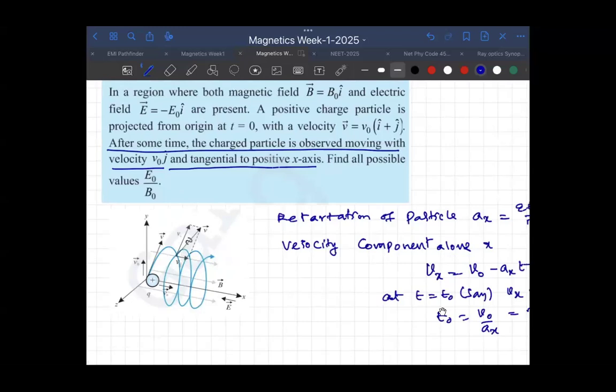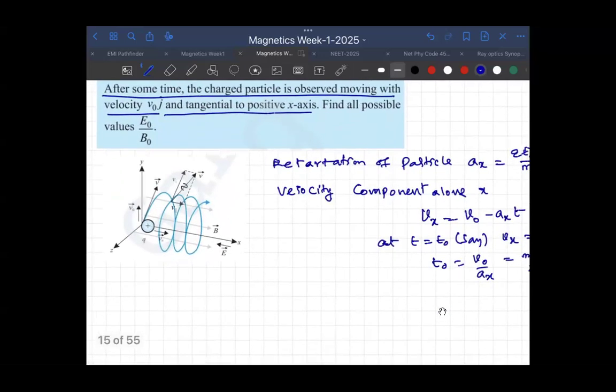So what is happening now? That component is tangential to x-axis. In this case, what is happening? Velocity is tangential. Okay.